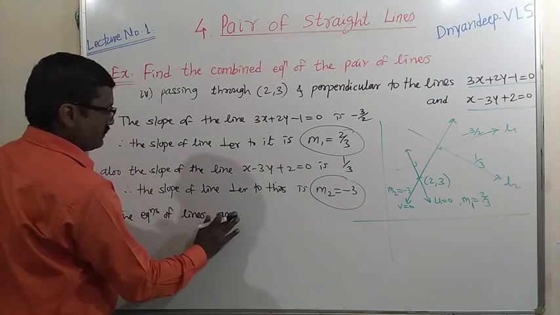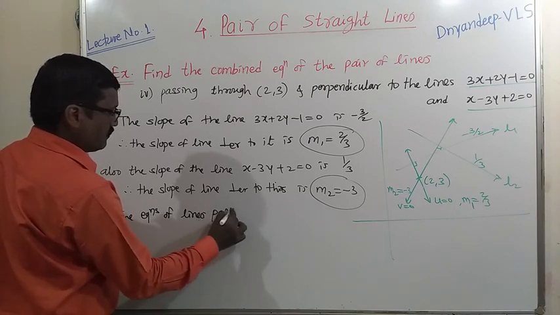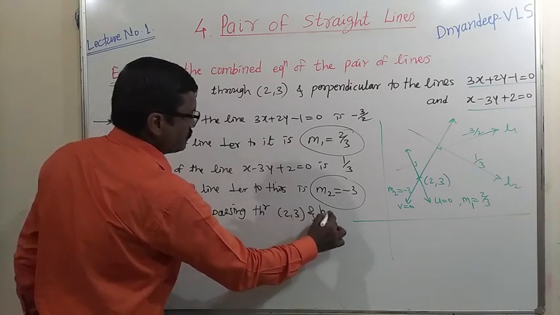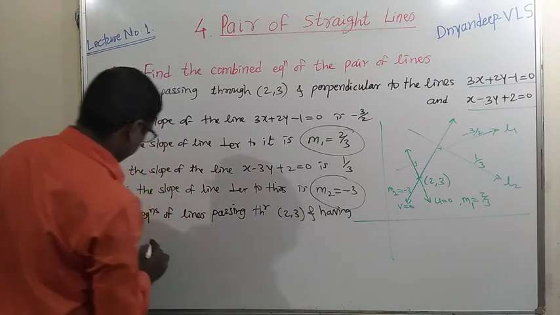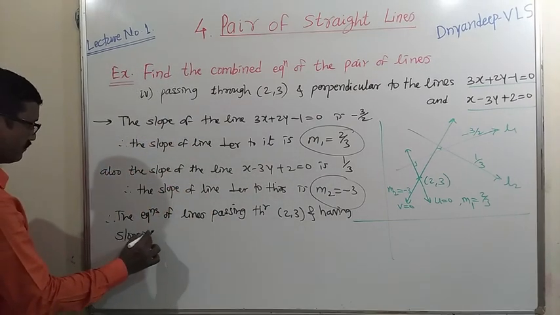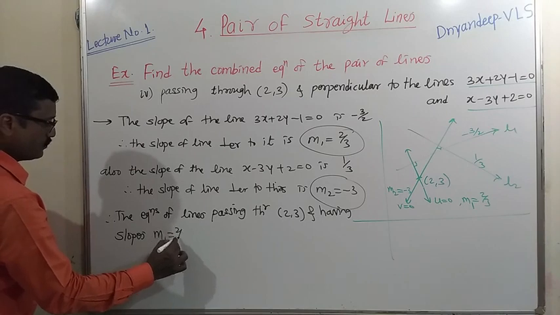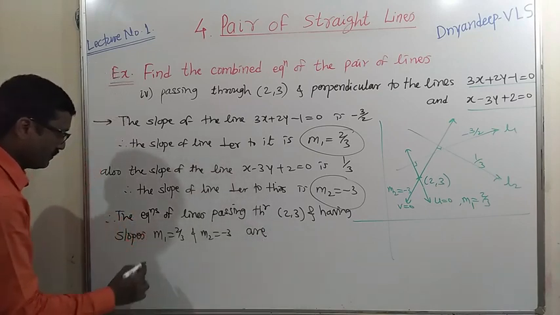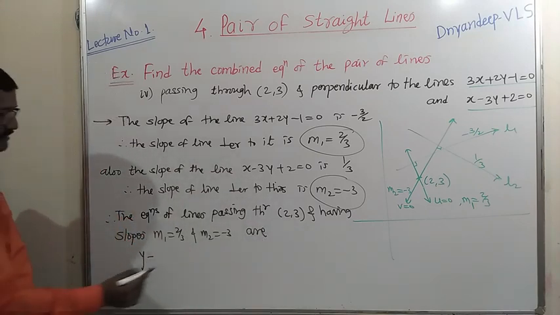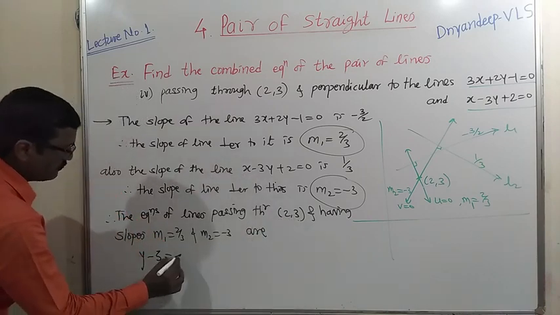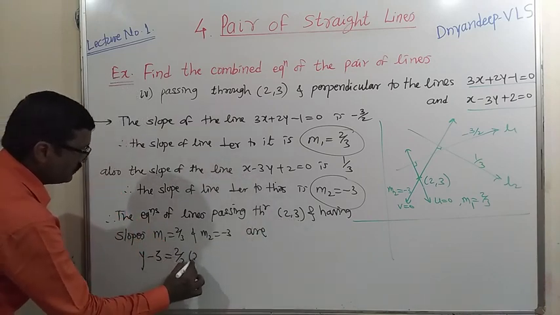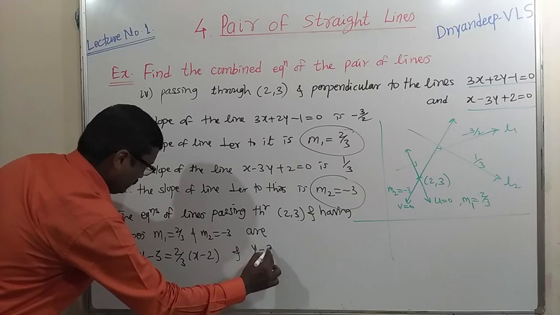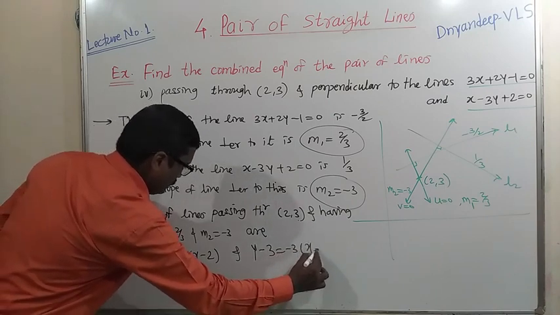Therefore, the equations of lines passing through 2, 3 and having slopes m1 equal to 2 by 3 and m2 equal to minus 3 are: y minus 3 equal to the first slope m1, 2 by 3, into x minus 2, and y minus 3 equal to minus 3 into x minus 2.